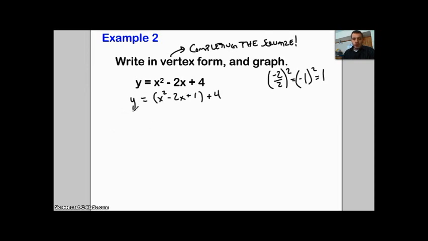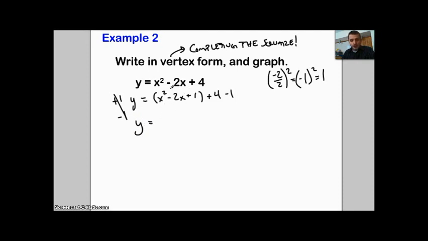But we have this y over here, and we need y to stay by itself. So instead of adding, I'm going to subtract 1 from both sides. It's like I'm adding whatever it is to the inside and subtracting that same value on the outside. I'm doing the same thing, it just looks different.